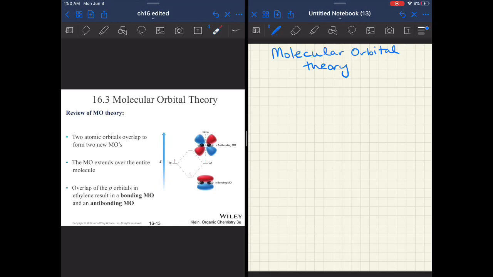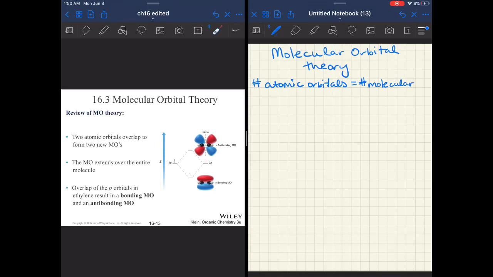And it exists by now thinking of, instead of just atomic orbitals, right, those s and p and hybrid orbitals that come from each atom, well, once the atoms come together and form a compound, form a molecule, those atomic orbitals become molecular orbitals.